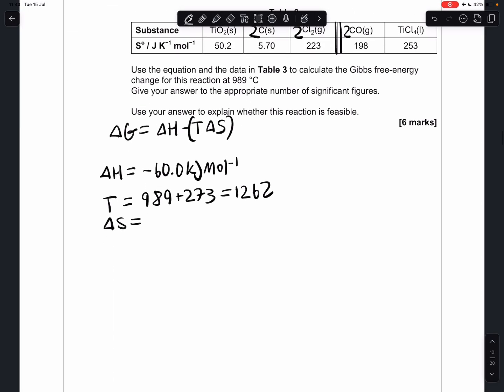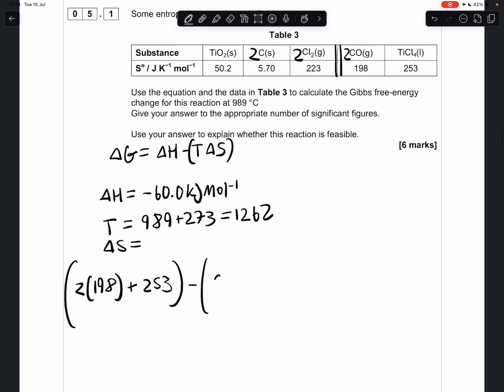So if we make this into a little equation, we're going to have 2198, so that's our products done. Now we need to minus that from our reactants. So we've got 50.2 plus, so there you are.